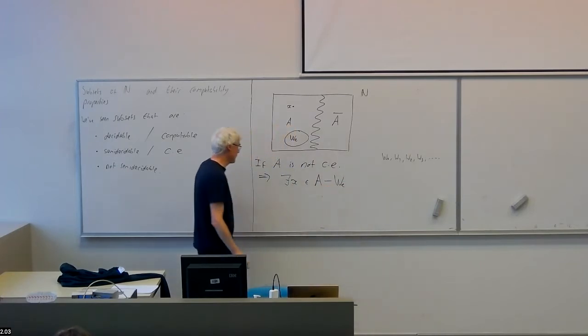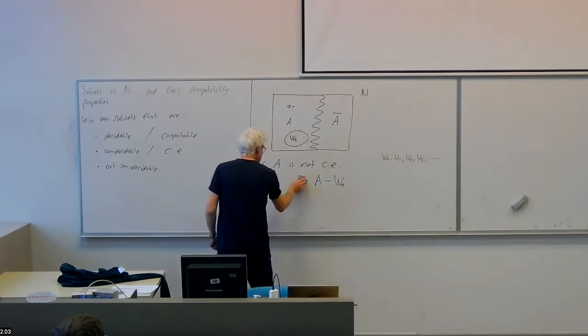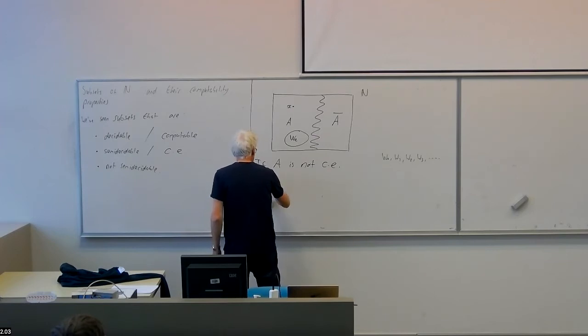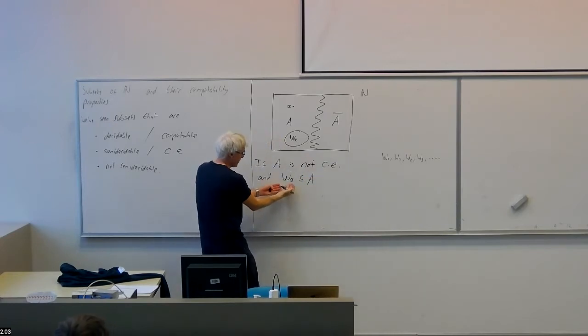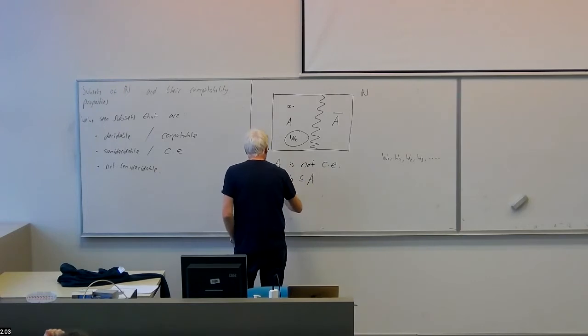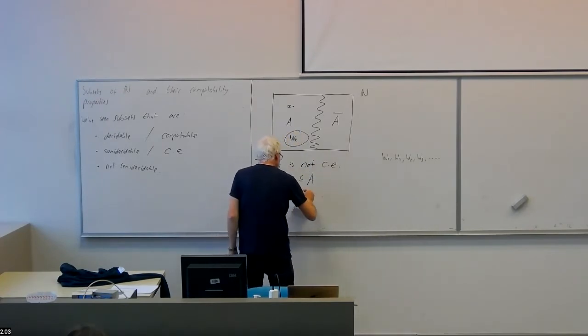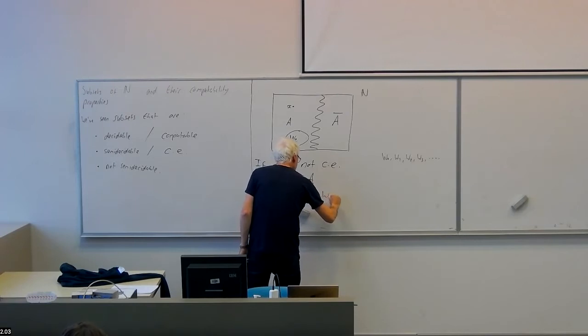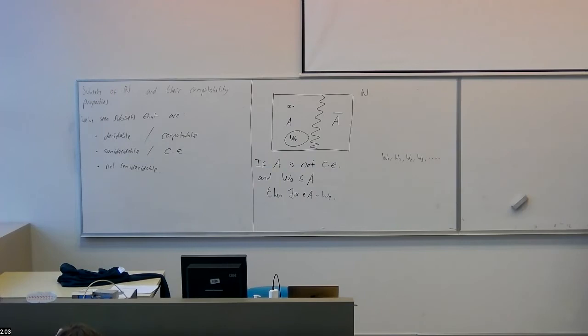So if W_E is a necessarily computably enumerable subset of A, then there exists an X that belongs to A and is outside W_E. Okay, so that's a triviality.